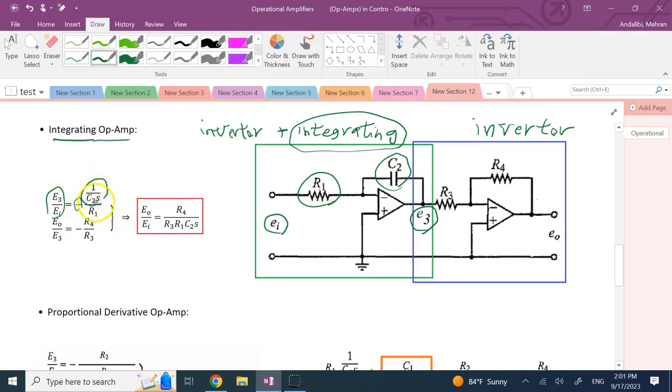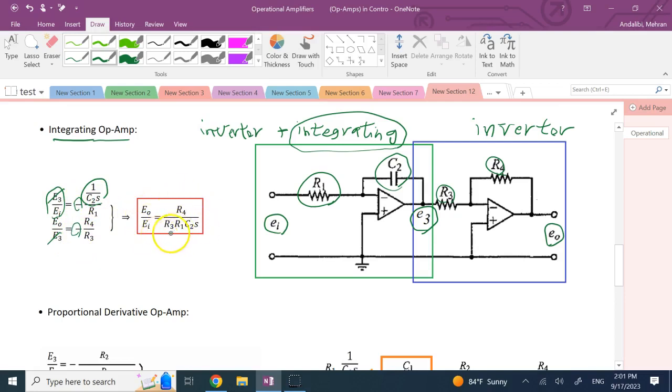And if I look at the blue circuit, then EO over E3, output over input again, is negative of R4 over R3. If you multiply the two sides of these equalities together, that E3 and this E3 would cancel. You get EO over EI, these two negatives would cancel, and so you get this relation here.